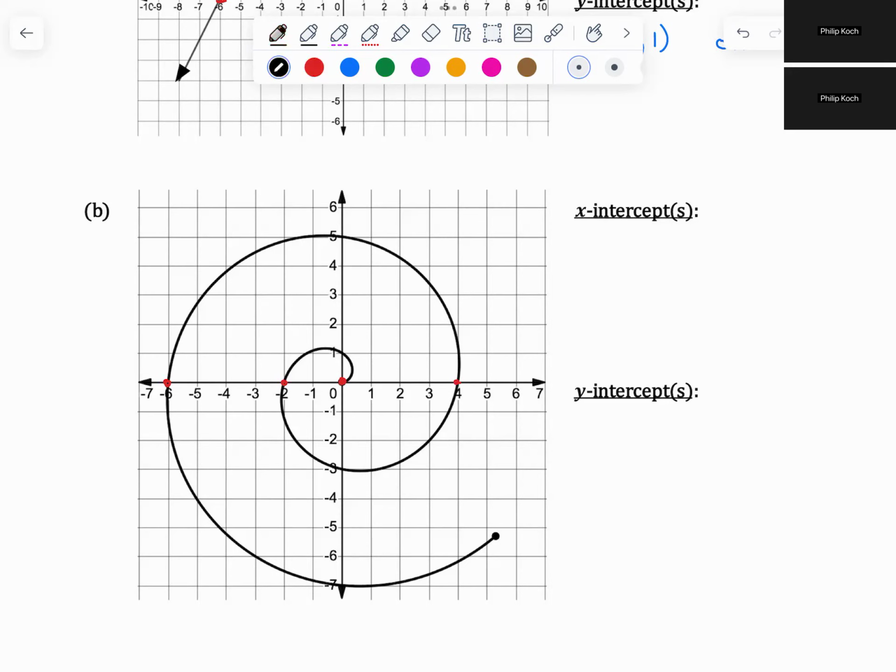So we could list them that way: -6 comma 0, -2 comma 0, 0 comma 0, and 4 comma 0. Or you could just write -6, -2, 0, and 4. However you want to write it is fine. I'll make sure to write in bold italics if I want you to write it as an ordered pair.